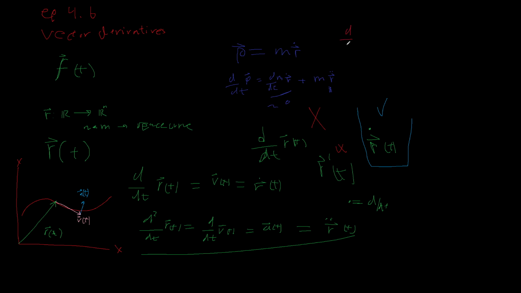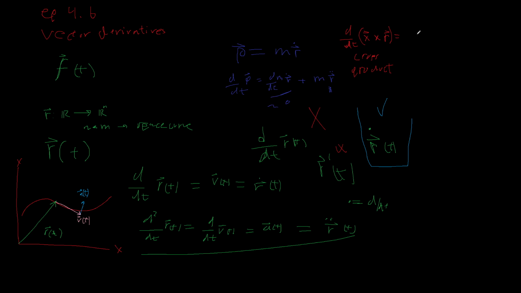What happens if you take d over dt of x cross r? This is a product, the cross product.